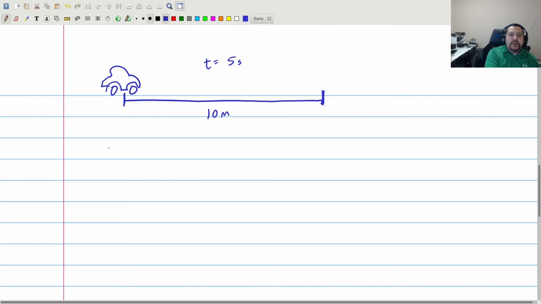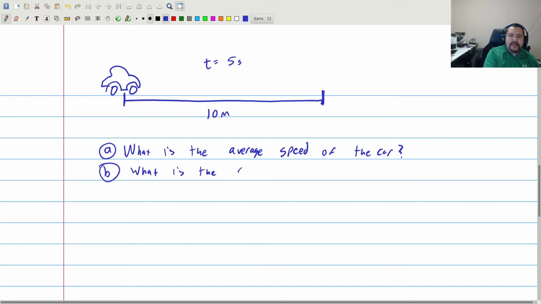I want to know, A, what is the average speed of the car. And then B, I'm going to want to know what is the average velocity of that car.